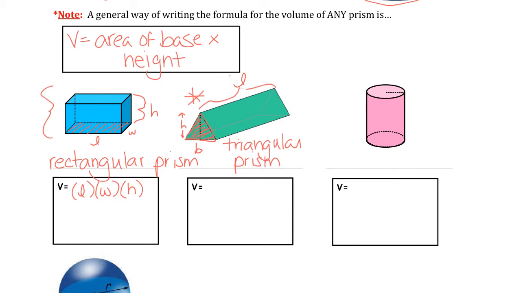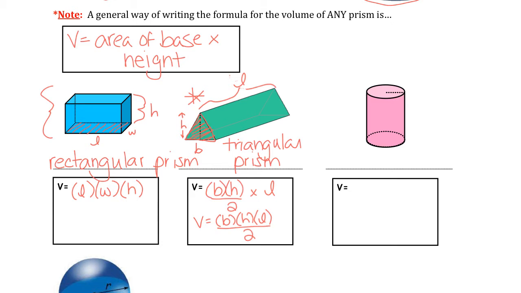Our volume for this triangular prism is base times height divided by 2, and then multiplied by that length. You could write it all together as base times height times length divided by 2, or sometimes, as we talked about before, when finding the area of the triangle, we can write that 1/2 out front.